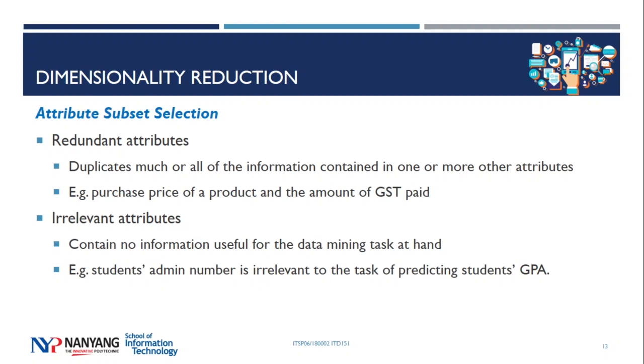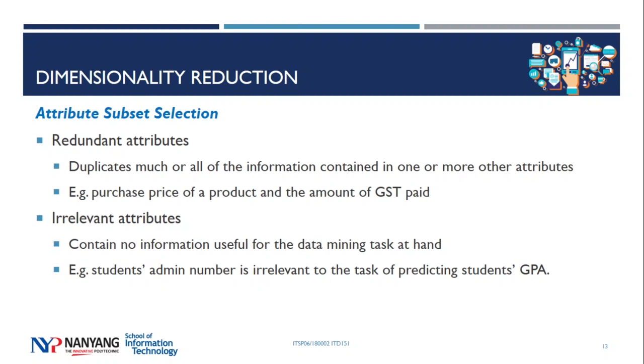There are a few methods such as stepwise forward selection and stepwise backward elimination. In stepwise forward selection, this procedure begins with an empty set of attributes, and then we select the best among the original attributes to add to the reduced set.